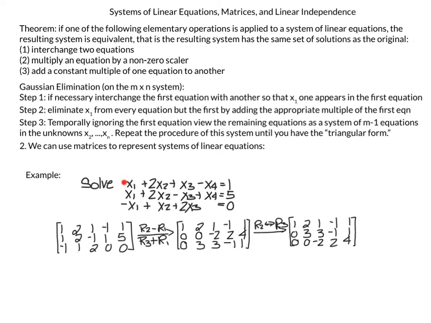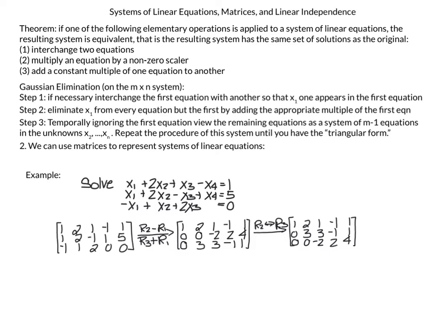My coefficients are 1, 2, 1, negative 1, and then I have 1 for my b. For my second row, I have 1, 2, negative 1, 1, and then I have my 5. And for my last row, I have negative 1, 1, 2, 0, and then I have 0 over here.